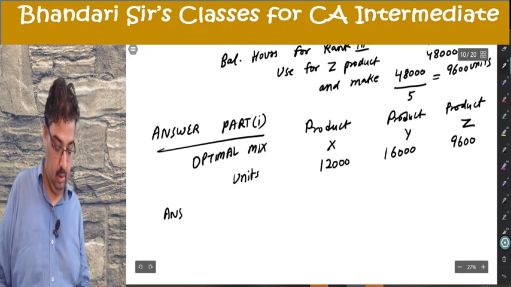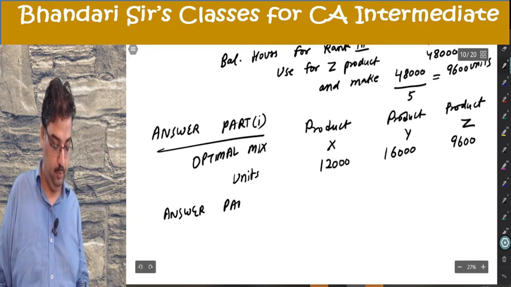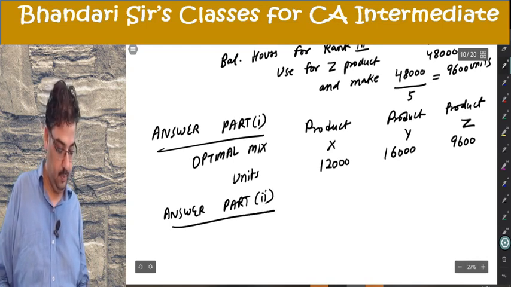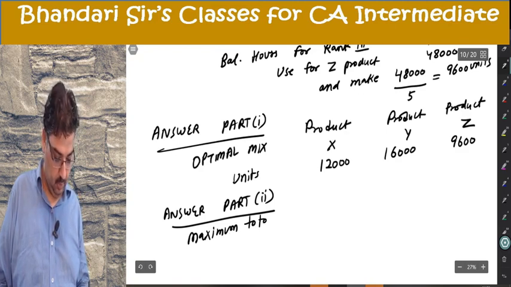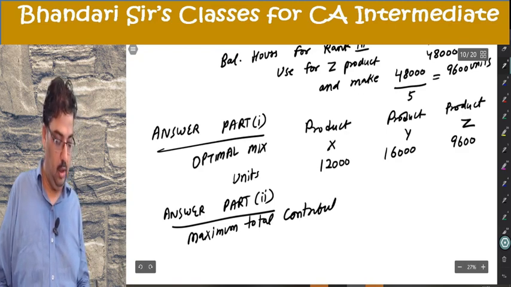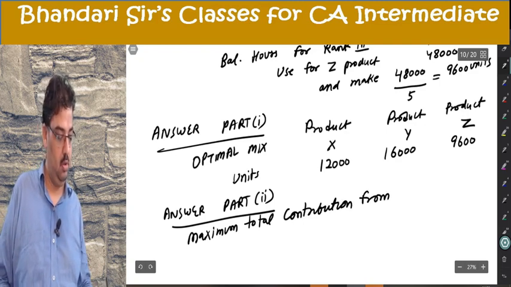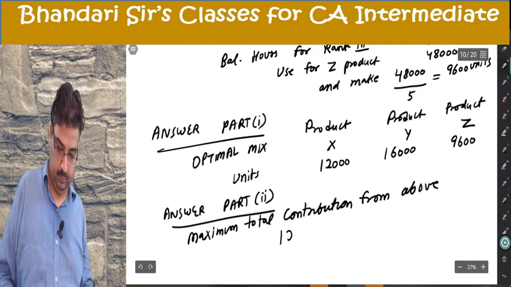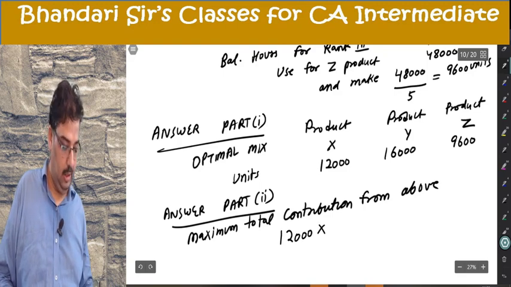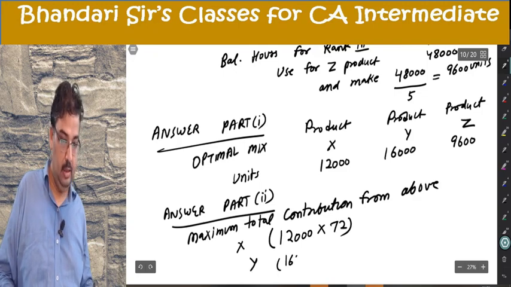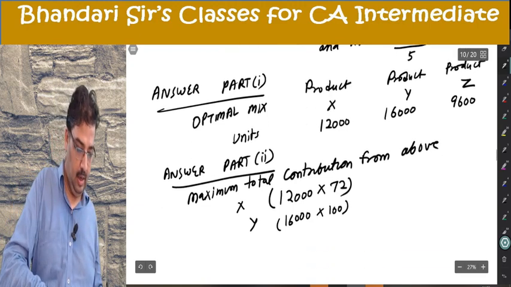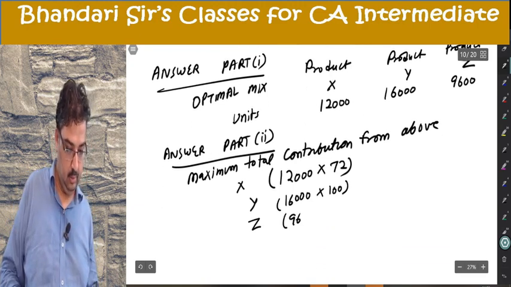Answer part 2. Maximum total contribution from above. 12,000 multiplied by 72 for X, for Y 16,000 multiplied by 100, and 9600 multiplied by 40.